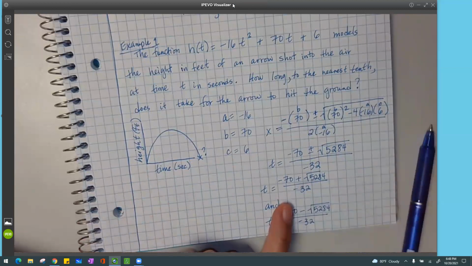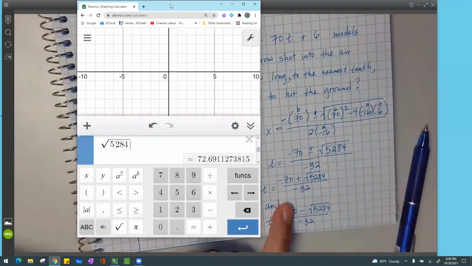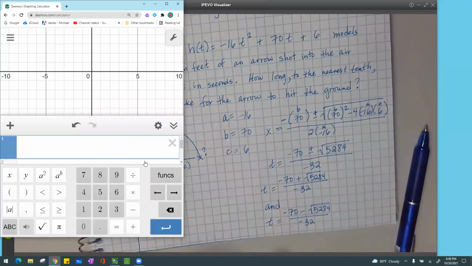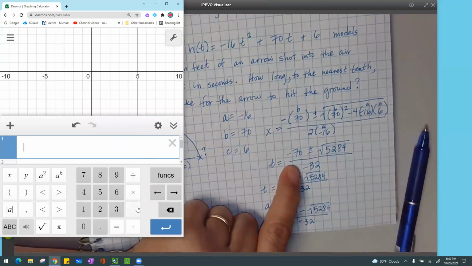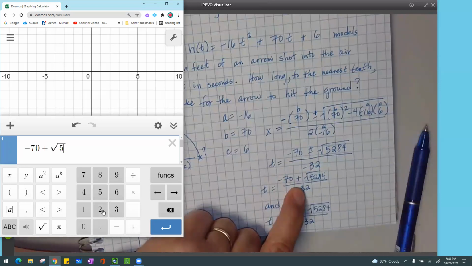So I'll put this in the calculator. -70 plus the square root of 5,284. Now, be really careful about how you type this into the calculator because the calculator does not know what you mean. It only does exactly what you tell it.